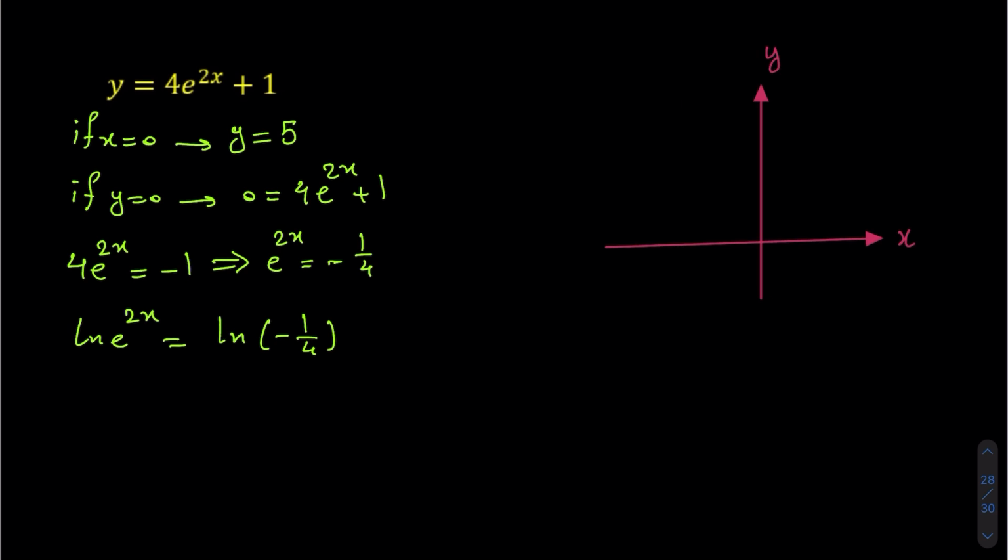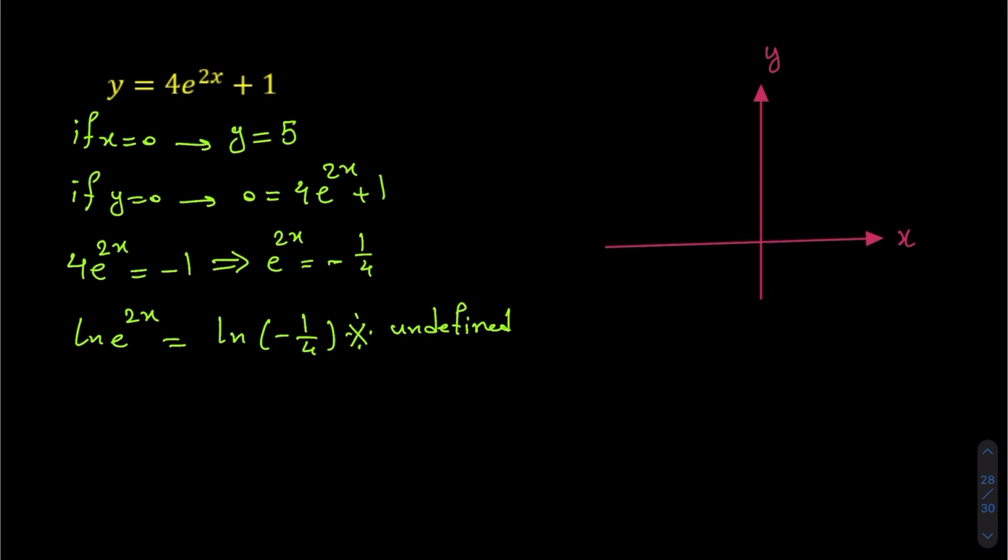Okay, so here ln of a negative number is undefined. That means when we get to such a case, this curve does not intersect the x-axis, because we cannot find any value for x, right?